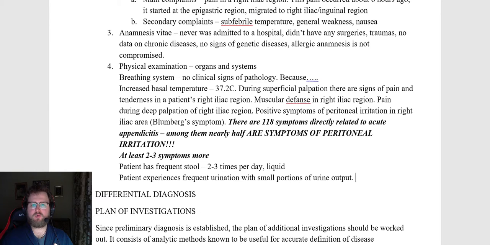It's similar to loosened stool, as we've previously mentioned.